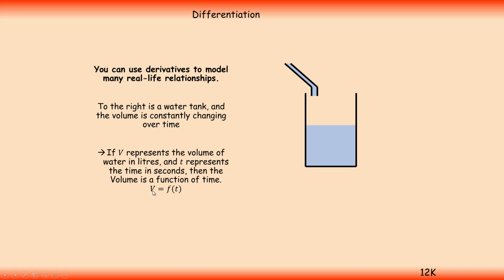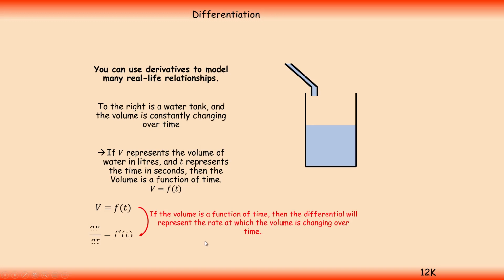Now if we were to differentiate V with respect to t, then we'd get the rate of change of volume with respect to time, or over time. And this is the sort of thing we're going to be using in the applications of differentiation to real life examples. So I don't think you need to make any notes at this point. We're going to look at an example next, and I think you'll have to copy the example down.